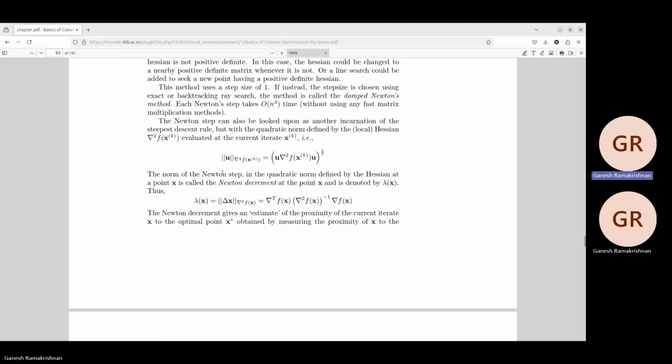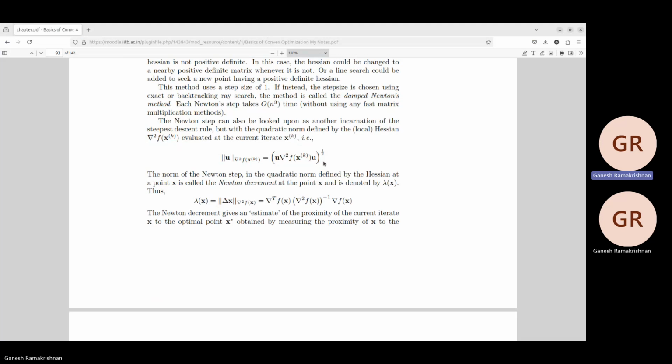This lambda square is helping you measure the square of the descent step. It's basically saying that if lambda square, the Hessian induced norm of the descent step, is less than some epsilon, then stop.